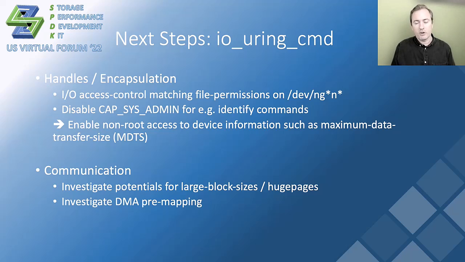So basically allowing an identify command when you're not root, such that we can get information such as the maximum data transfer size from the device. And then focusing on improving the efficient communication, to see if we can exploit huge pages and possibly investigate some kind of DMA pre-mapping. So basically exploring how we can tweak this interface even further.